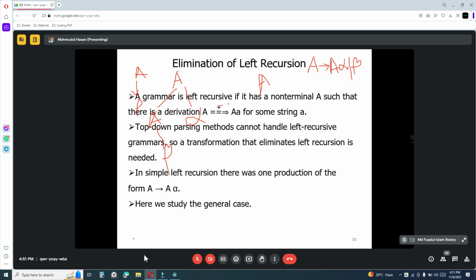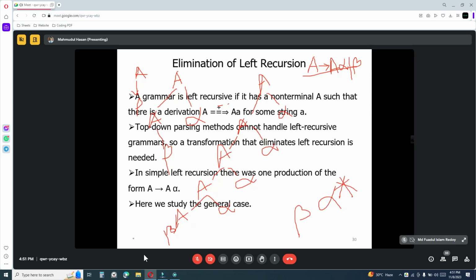And so on: A to A alpha, then again A to A alpha, then again A to A alpha, then beta. So this actually indicates beta alpha star.